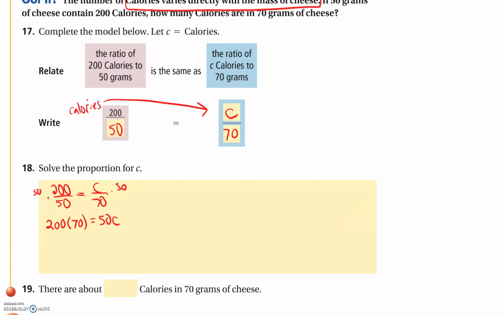And it's the same with 70. The opposite of dividing by 70 is multiplying each side by 70. But notice that divides to 1. So what we're really doing is 70 times 200. So that's where this left side comes from. And then we know 70 over 70 is 1, so you're left with c times 50, which is where this part of the cross product comes from.